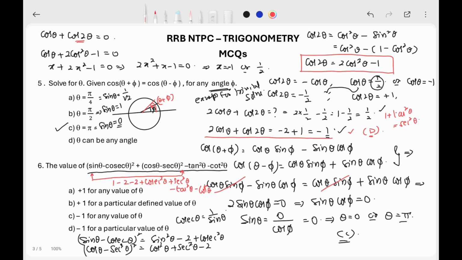That means secant square theta minus tan square theta is equal to 1. Then cosecant square theta minus cot square theta is also 1.